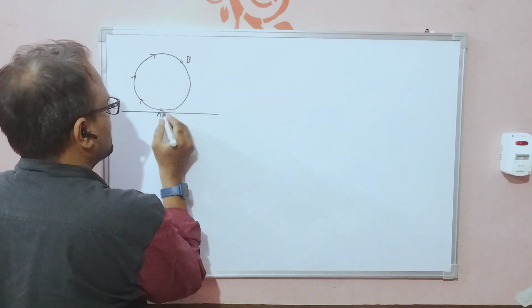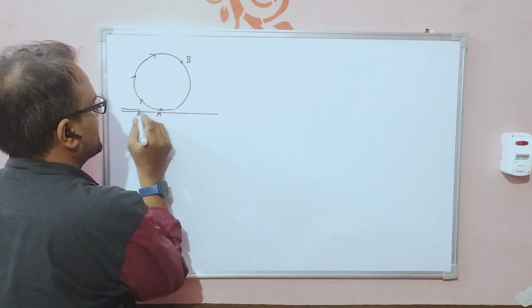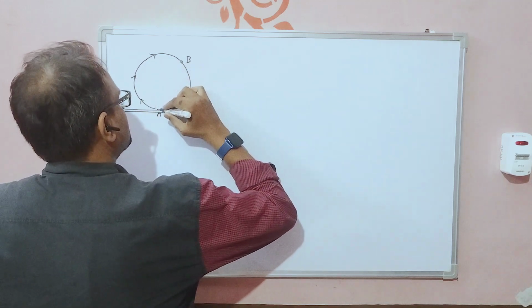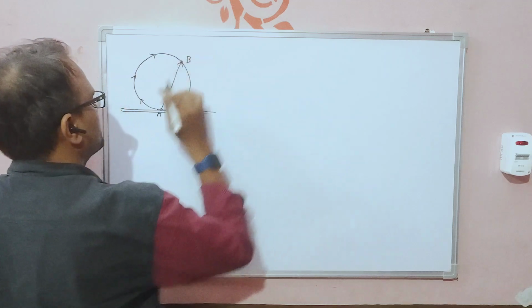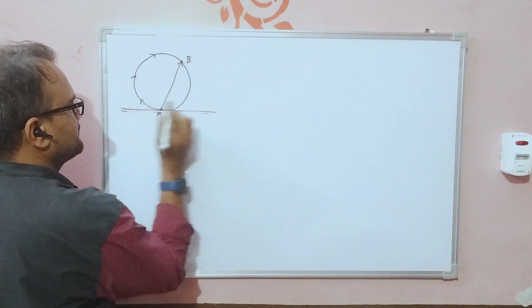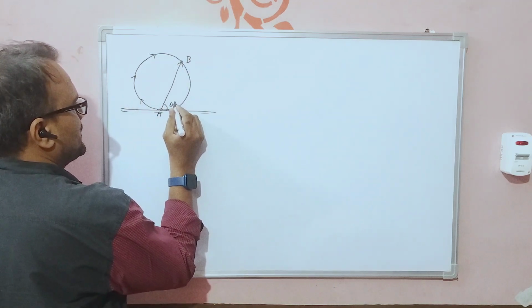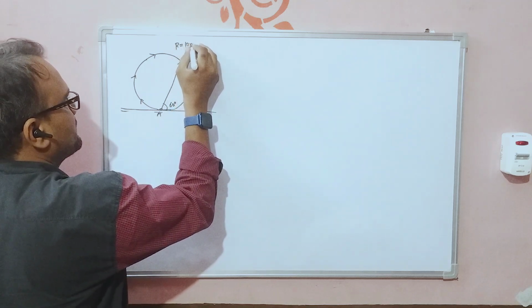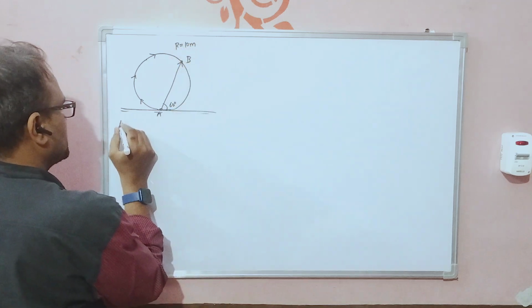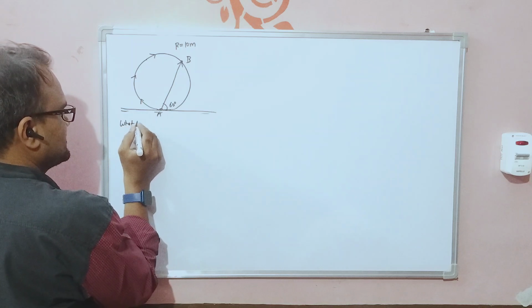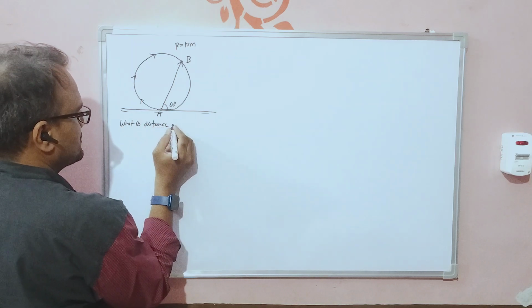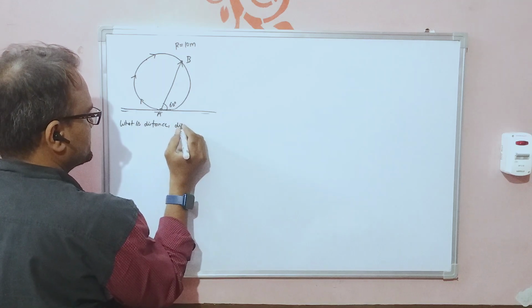It is given that this line makes an angle 60 degree with the line joining from A to B. Okay, and the radius of this circular path is 10 meter. We need to find out what is distance and displacement of the object.